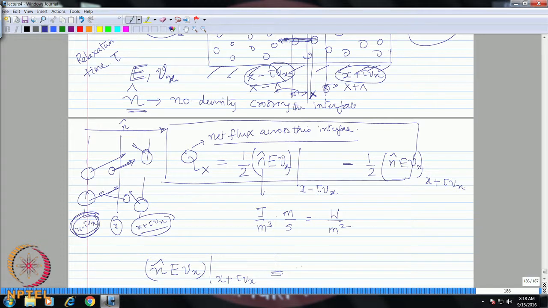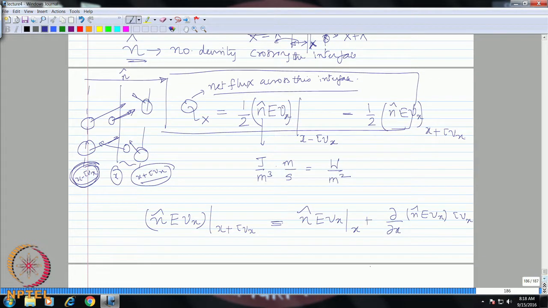So, this can be written as n E Vx at x plus d by dx of n E Vx into this distance, which is nothing but tau Vx, that is your mean free path. Okay. Higher order terms can be neglected.